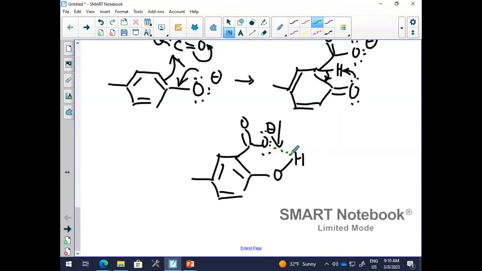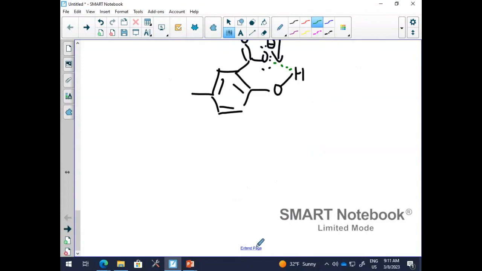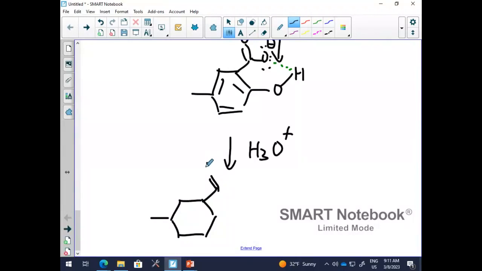And usually this kind of reaction often will be followed by a protonation reaction, then give you the ortho-hydroxybenzoic acid. So you have carboxylic acid, carboxyl group, the OH group next to it. So that's usually the final product.